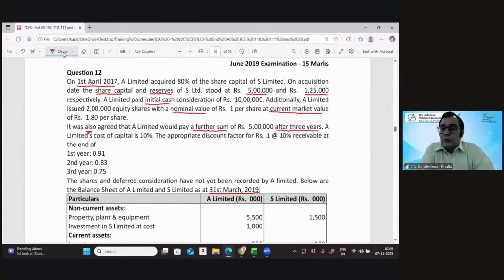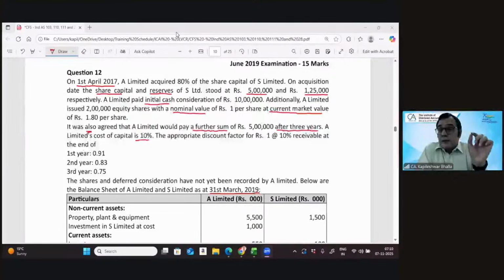Let me put that question to you after reading the further information. The cost of capital is given as 10% and the discounting rates are given. So, a very quick question to you. When it says A would pay a further sum of 5 lakhs after 3 years and nothing else is stated in the question, is this a DC or is this a CC?